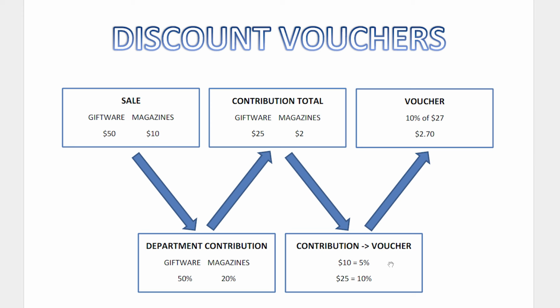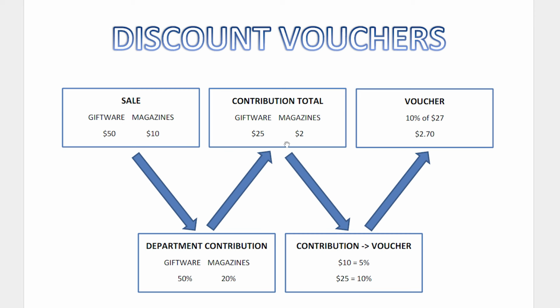Now the second section that we set up after that is the value of the voucher based on the contribution. I've specified here that if my contribution is $10 or more, I'll get 5% back off that contribution as a voucher. And as a second level, second tier, I've set it up as $25, and that will give me 10% back as a discount voucher.